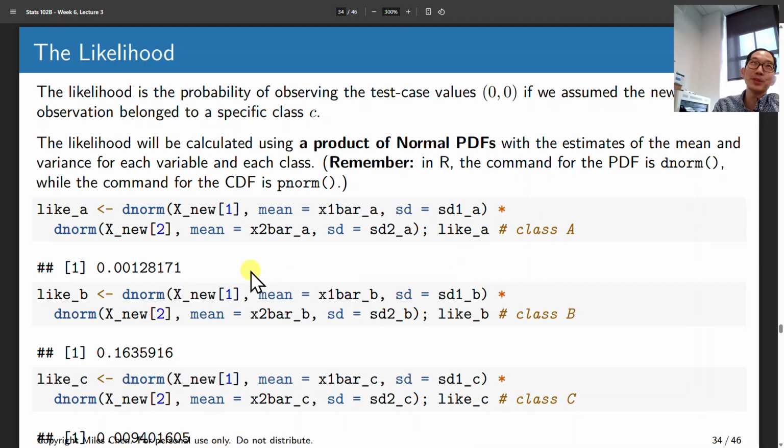It might not feel that way because in R, typing in dmvnorm is almost as easy as just typing in dnorm. But as far as the actual calculations go and the estimates go, this is simpler mathematically.